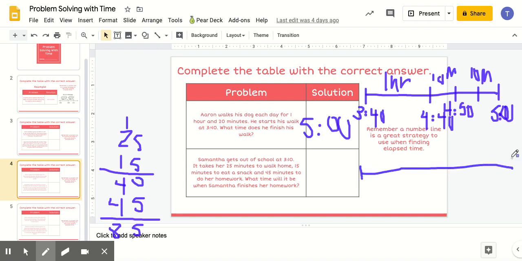Here's your number line. If you knew that an hour was 60 minutes, you could say, okay, 3:10 to 4:10 is 1 hour. But if you did not know that 60 minutes was an hour, you could count by tens like we've been doing. So I could say 3:10 is when I started. Plus 10 would be 3:20. So that was 10. Plus 10 more would be 3:30.